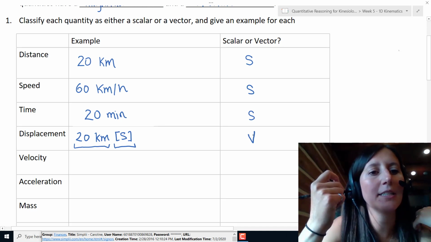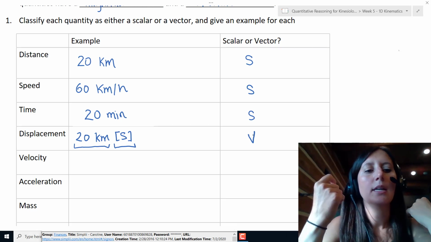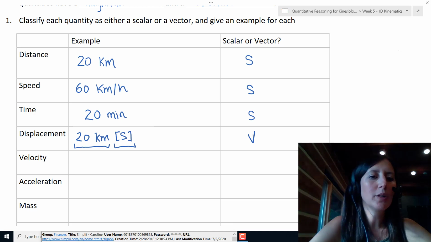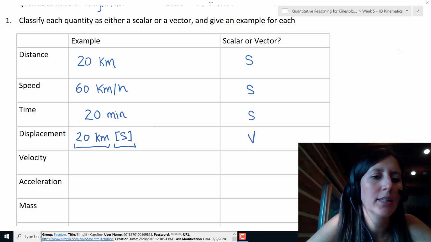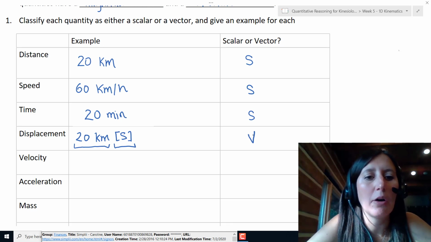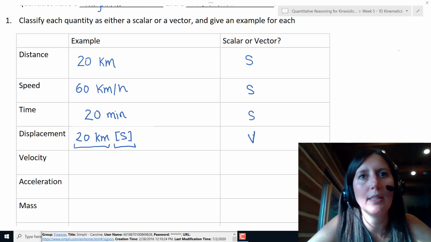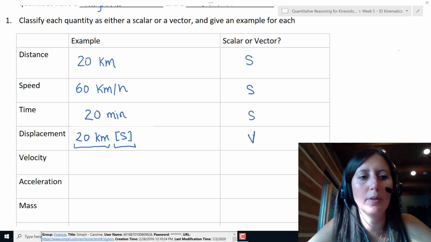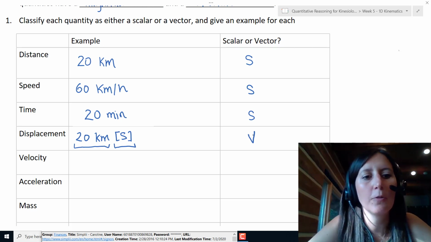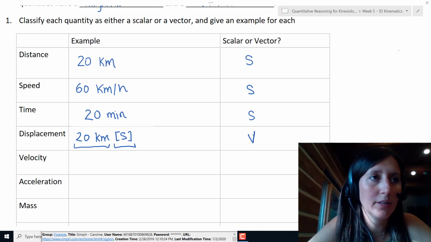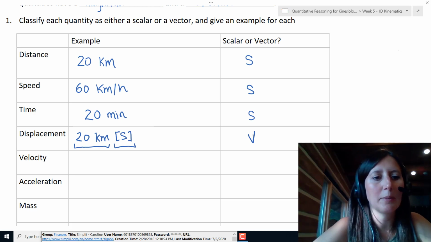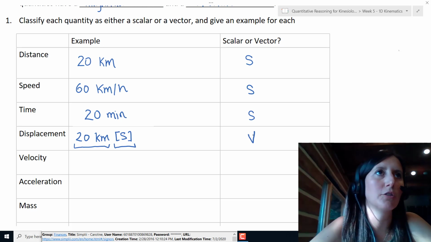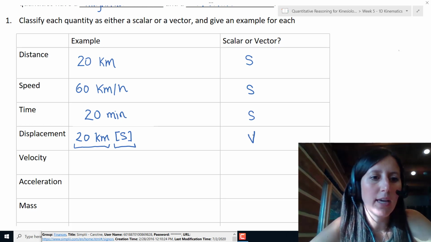Velocity. Velocity is much the same as speed. It just means how fast you're going, but you're also giving a direction. Direction can be south, east, northwest. It could be east 30 degrees north, for example, but it could also be up or forward or backward or down. There are a lot of different examples of directions. It could also be 30 degrees above the positive x-axis.